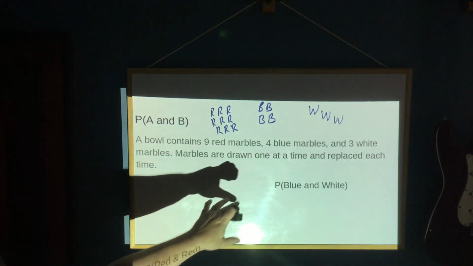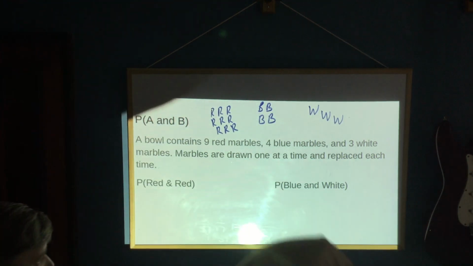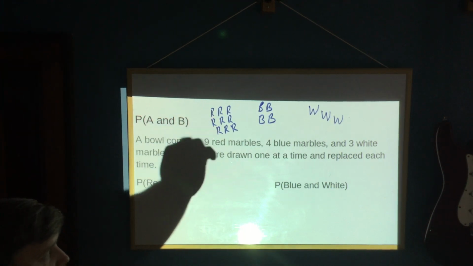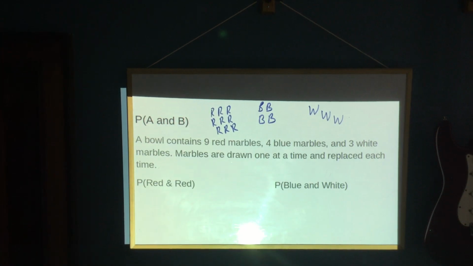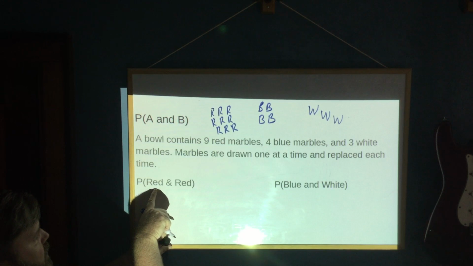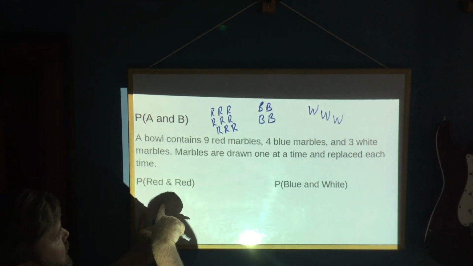It says marbles are drawn one at a time and replaced. So you're going to reach into that bowl, see what marble you got, and then put it back in the bowl before you draw the second time. So the probability that we get a red one should be 9 out of 16.